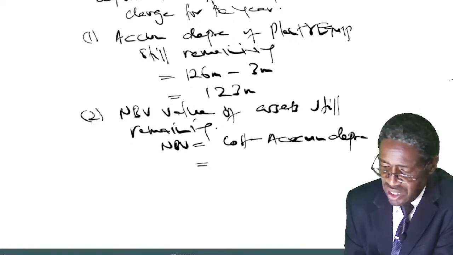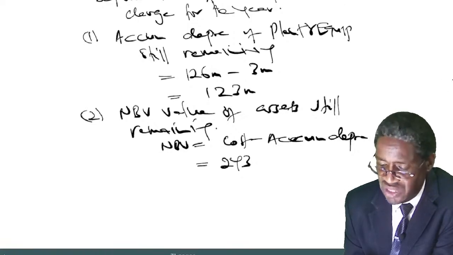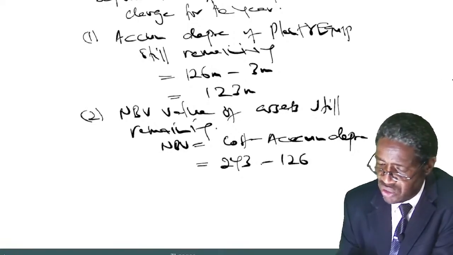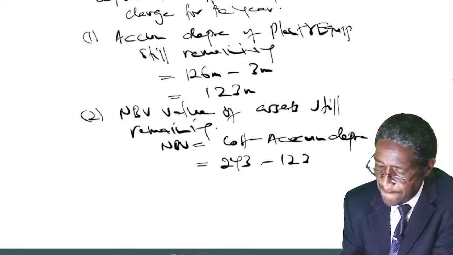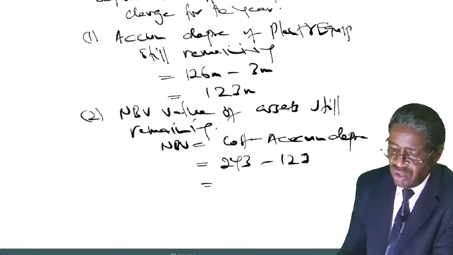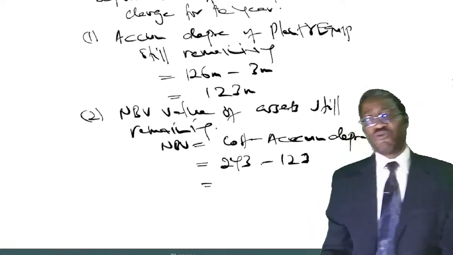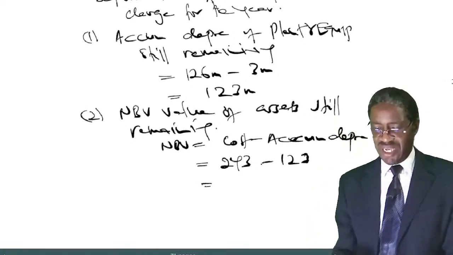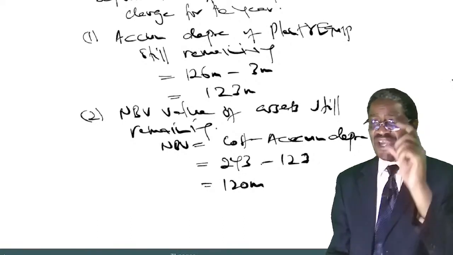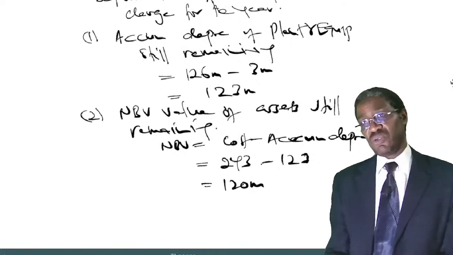We have agreed the cost was 243, from our asset account. From our step number 1, we have got 123. So that leaves me with how much? 243 minus 123 is exactly 120 million. Now I know the book value.